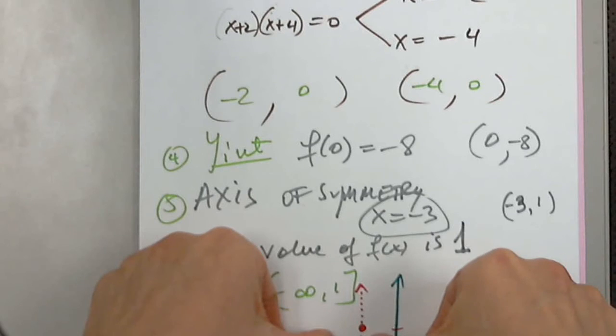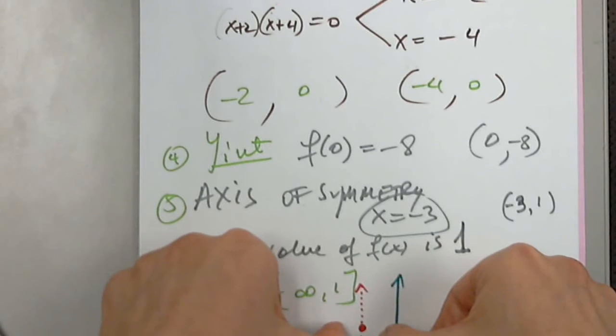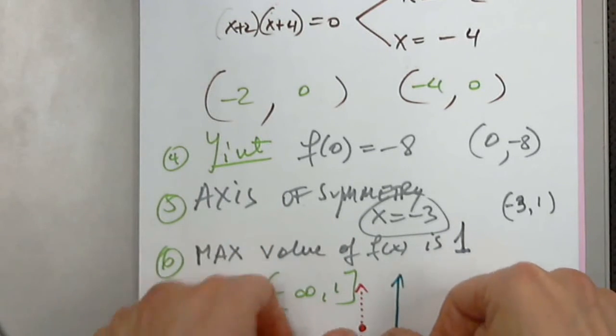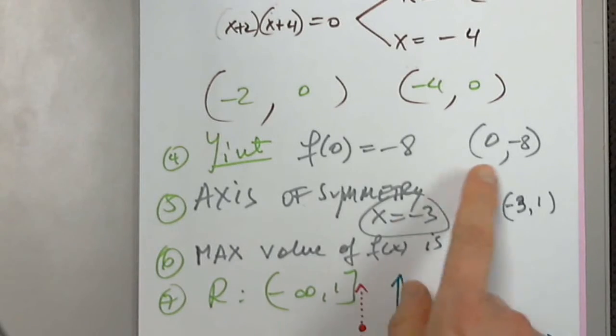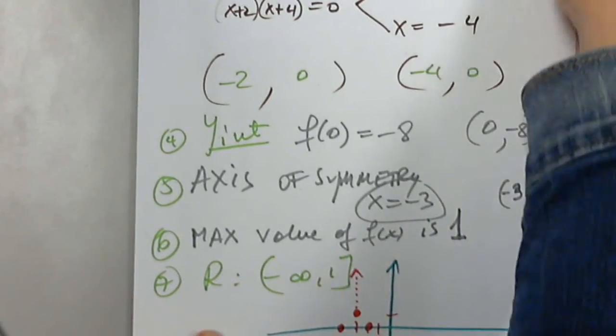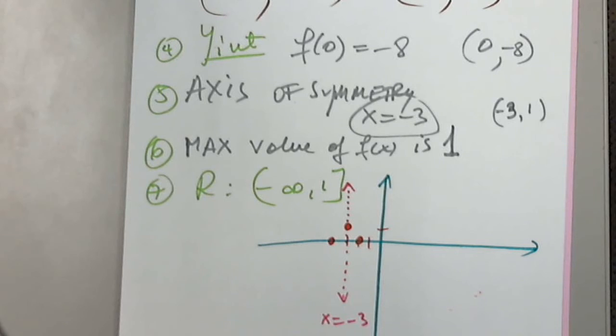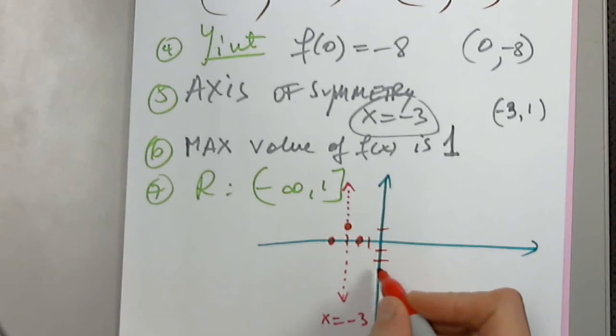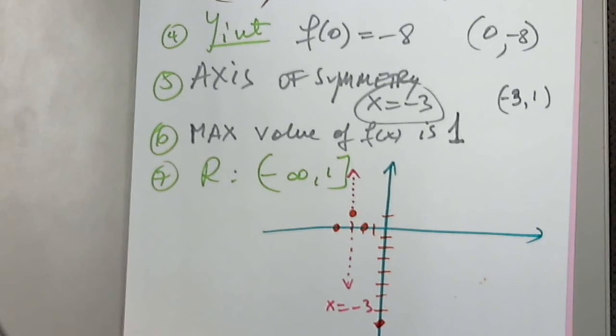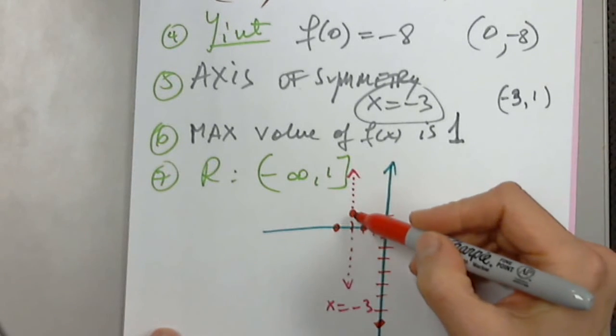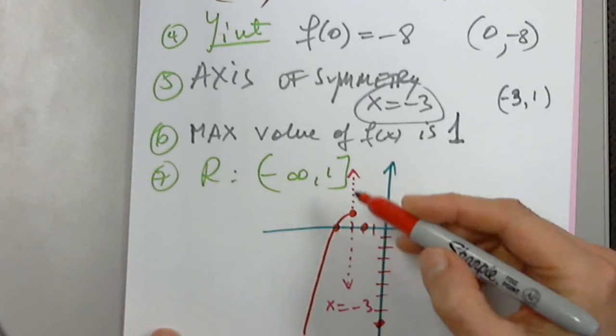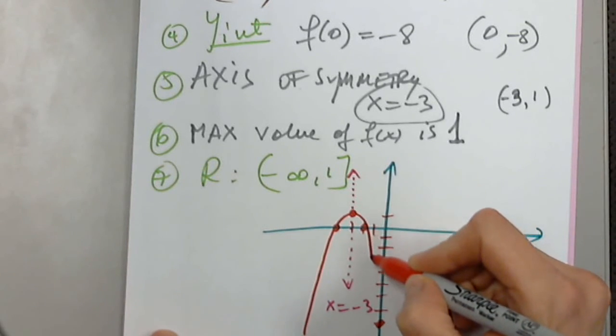So if this is -3 and this is -2 and this is -4, that's okay. And then you said 0, -8 for the y-intercept. Okay. I will try to make it as symmetric as possible and not too acute at the vertex.